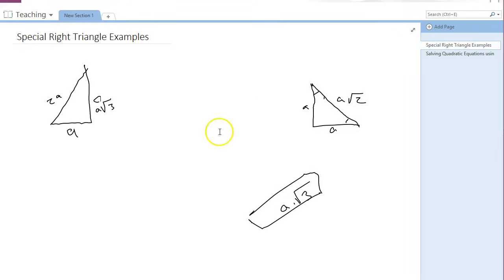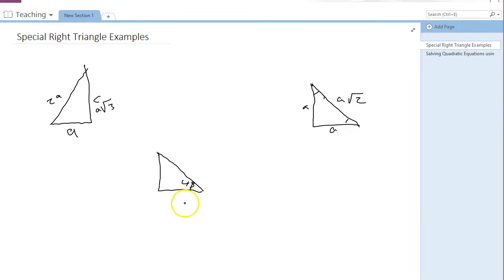All right. So if you have a triangle, 45 degrees here, and this leg, let's call it 2. What are the other legs? It's pretty easy.